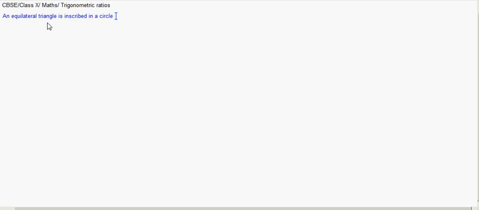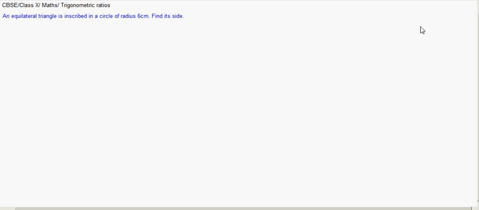I could have increased the font, but it's okay, I can read it. In a circle of radius 6 centimeters, find its side. Let me just draw this figure.